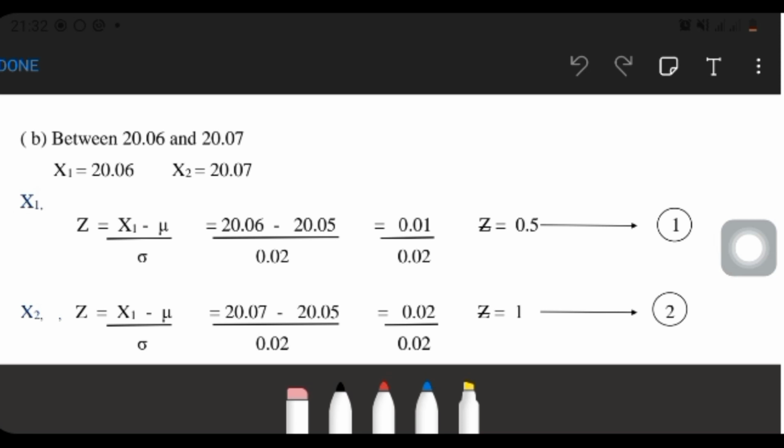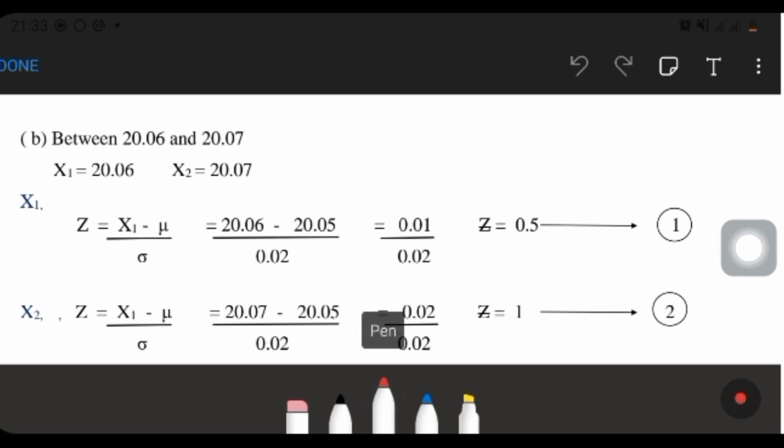Right, part B. Again, we have to find out the probability of lengths between 20.06 and 20.07. I will do the same thing as I did in part A. So x1 I name as 20.06 and next x2 is 20.07. In that occasion, we have two values to standardize.